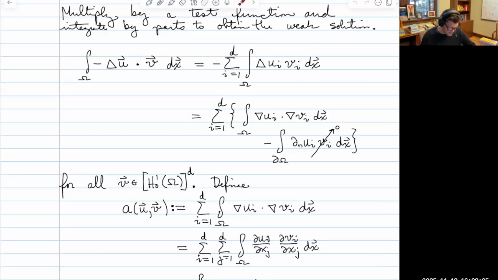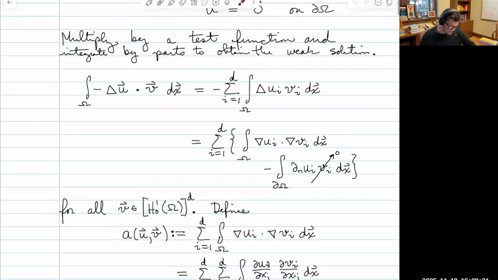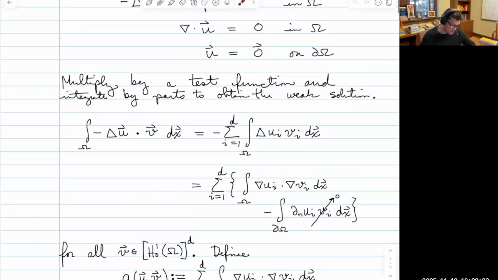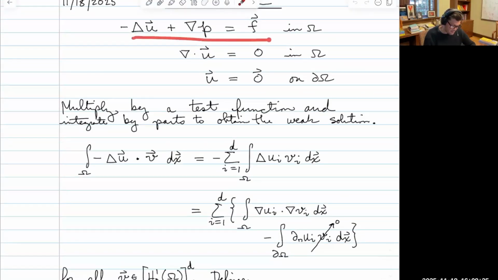A Hilbert space, H1, a Sobolev space of order 1, with zero boundary conditions for each one of the components of the test function v. So that's the type of function we're going to multiply this equation by, and then we're going to integrate.